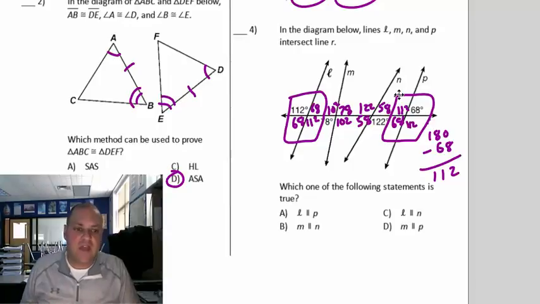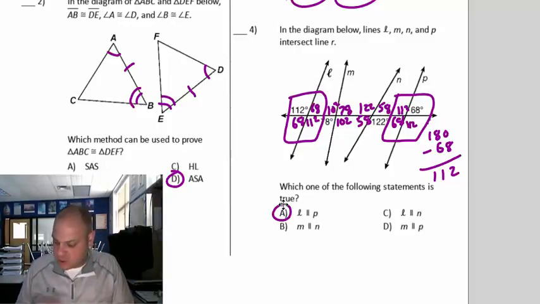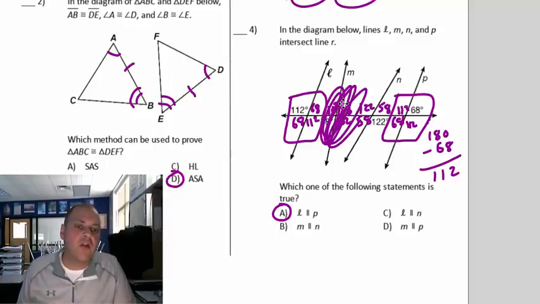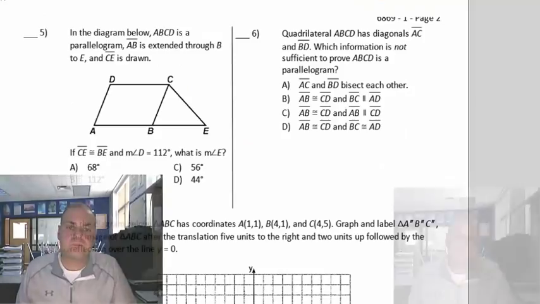So we could tell that L is parallel to P, and that's choice A. All right, because you got to have those corresponding angles congruent, the corresponding or the alternate interior. If you just totally ignore all this nonsense, look at two parallel lines cut by that transversal right there. Okay, and you got the alternate interior angles, 68, 68. That's another way to look at it.